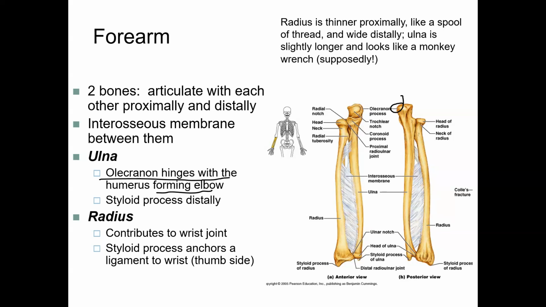I also would have mentioned, right? So we have spoken about the fact that the radius widens towards the wrist, right? It widens towards the wrist and allows for the attachment to your, well, I mean basically your wrist bones, right?